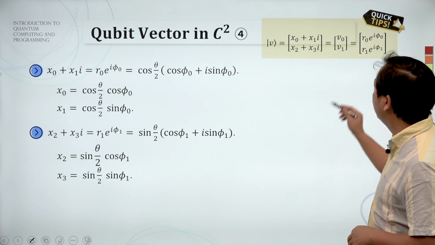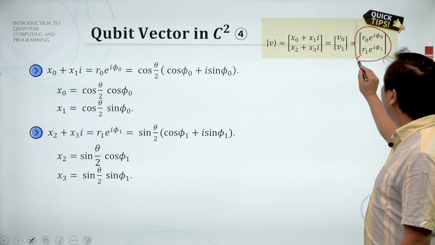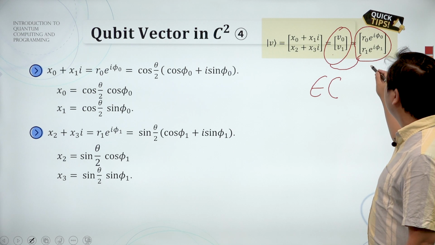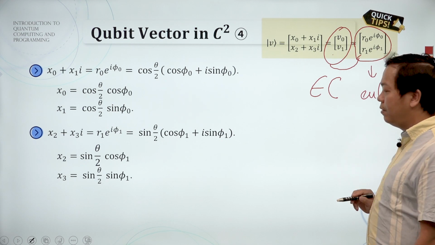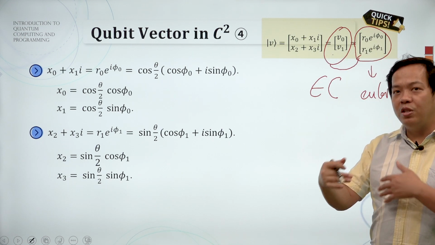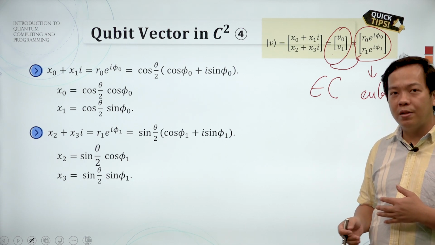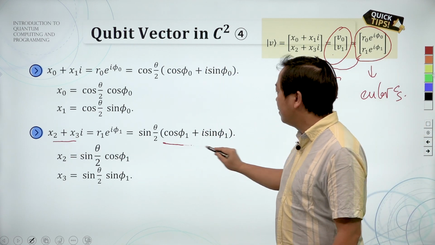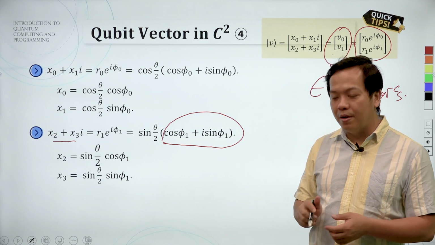We have a qubit vector, and over here we can use the Euler formula, and this is the basis for how you can transform between this kind of complex vector and the qubit vector. This kind of complex number we transfer to the angle and represent in the complex qubit vector.